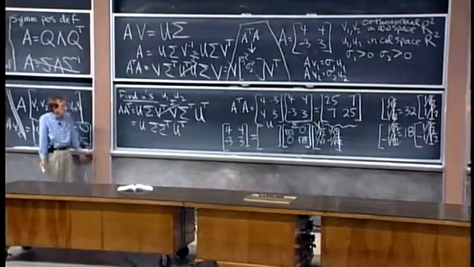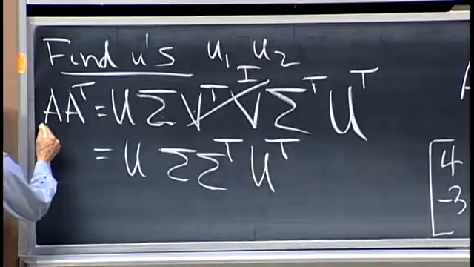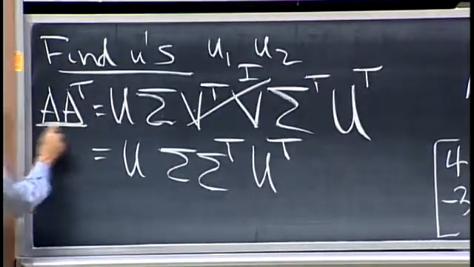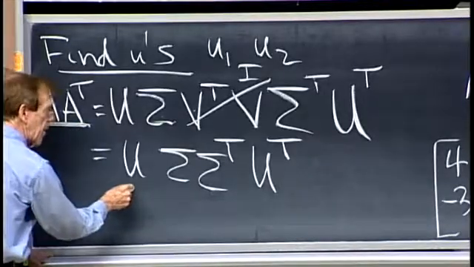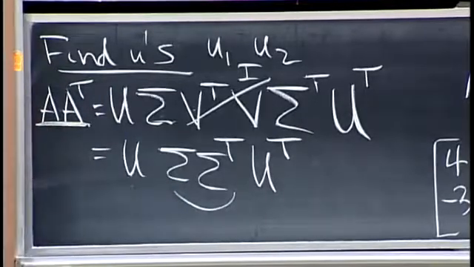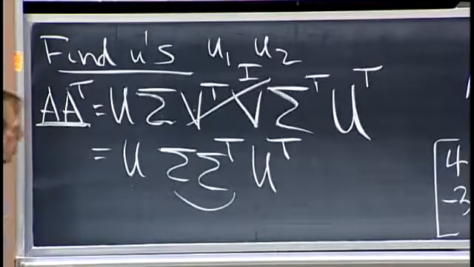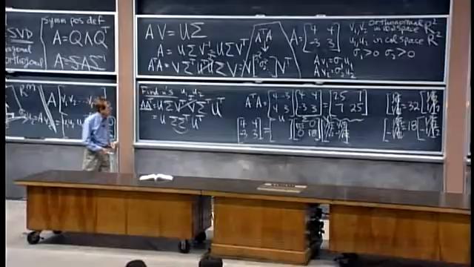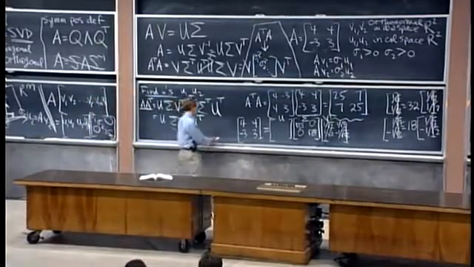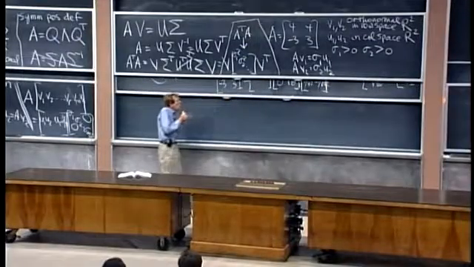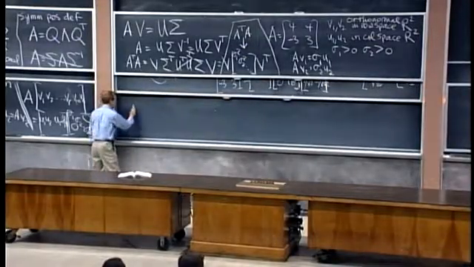So what am I seeing here? I'm seeing, again, a symmetric, positive definite, or at least semi-definite matrix. And I'm seeing its eigenvectors and its eigenvalues. So if I compute AA transpose, its eigenvectors will be the things that go into U. Okay, so I need to compute AA transpose.